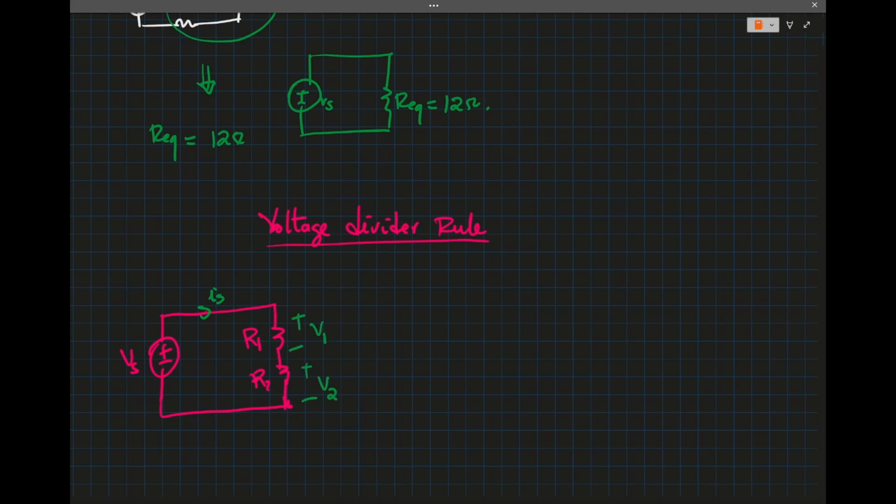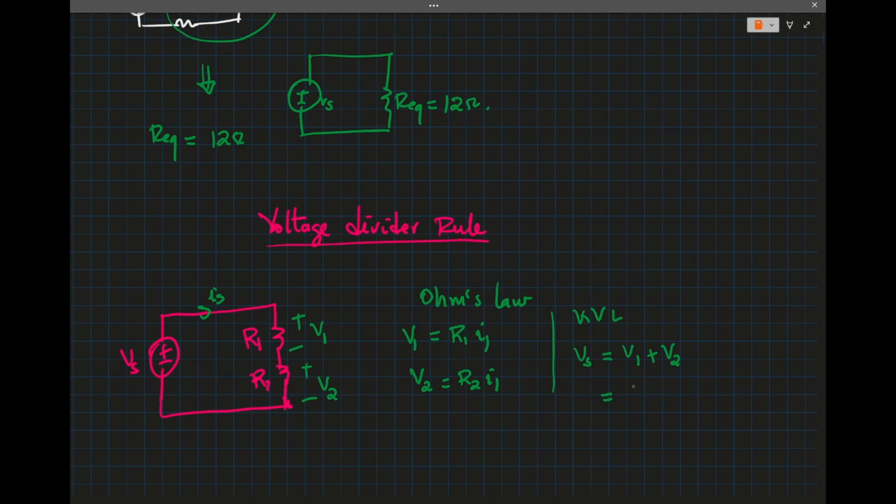We have V1 and V2. So V1 equals R1 I1, V2 equal to R2 I1. This is Ohm's law. So then when we write KVL, we have Vs equal to V1 plus V2.